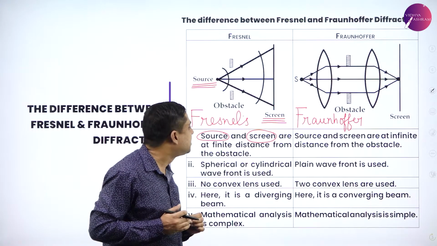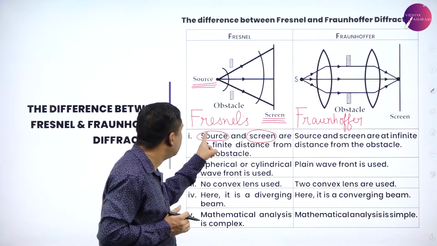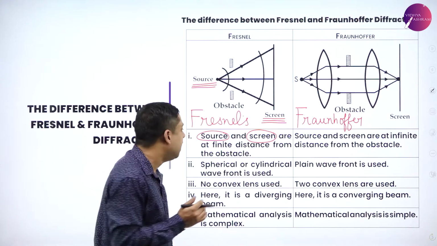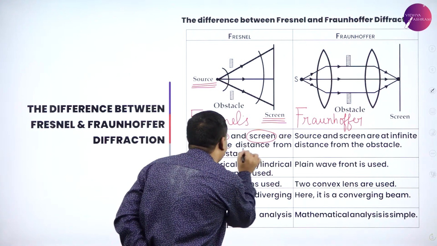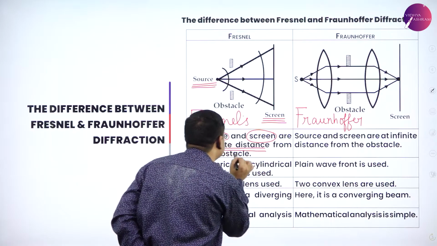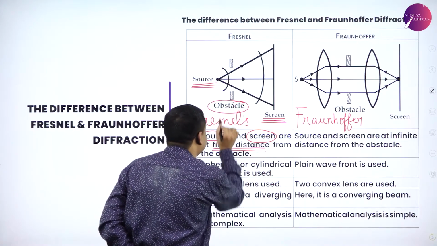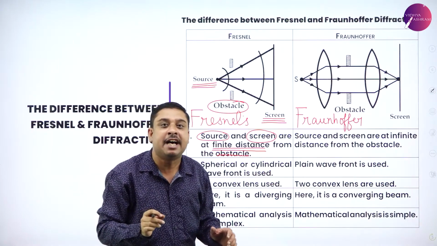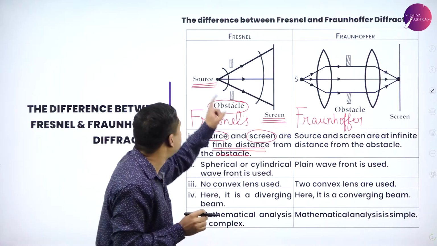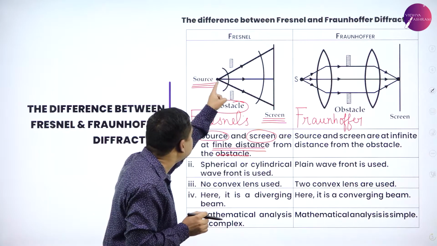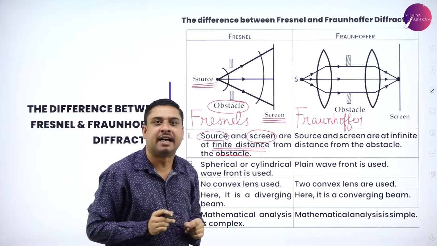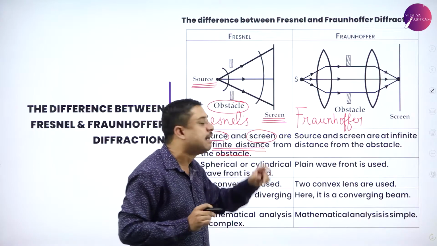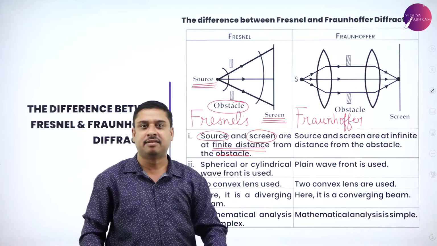In Fresnel's diffraction, source and screen are at finite distance from the obstacle. You can measure the distance between the source and the obstacle and the obstacle and the screen.